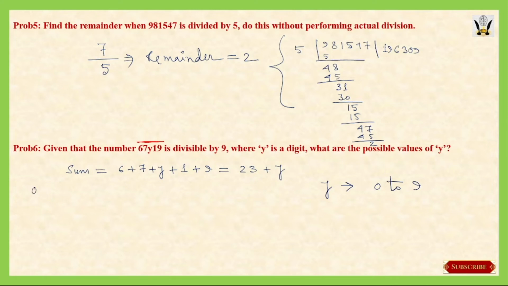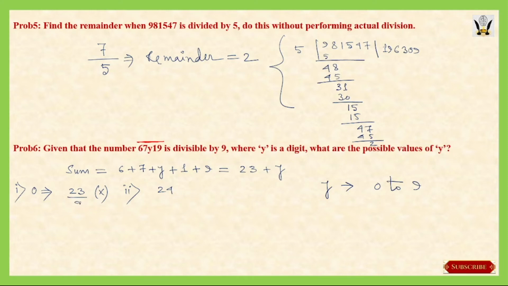So if we put 0 in place of y, the result of the summation will be 23, and that is not divisible by 9, so this is not possible. The second value that y can have is 1. When 1 is added to 23, it will be 24.